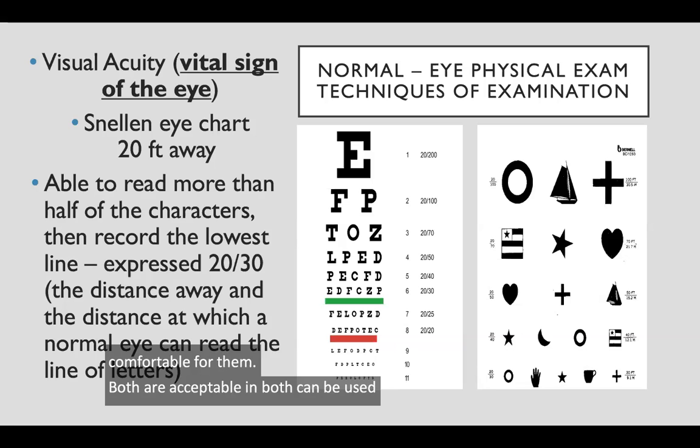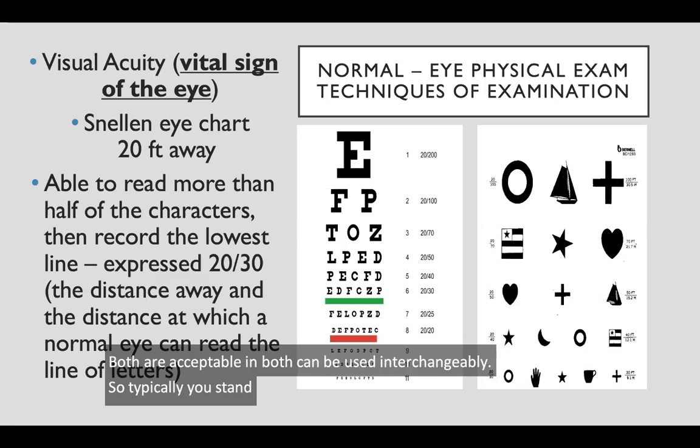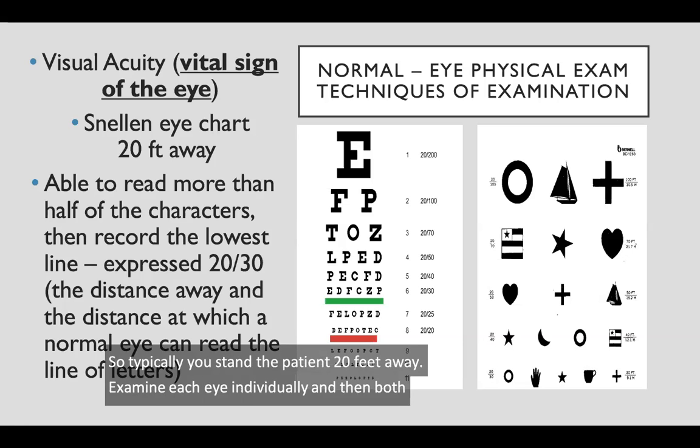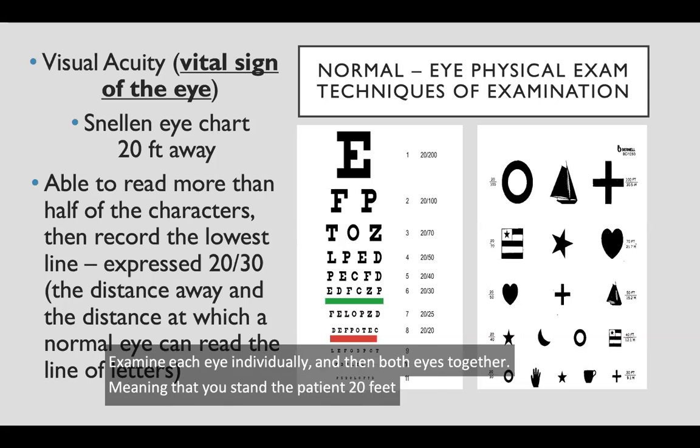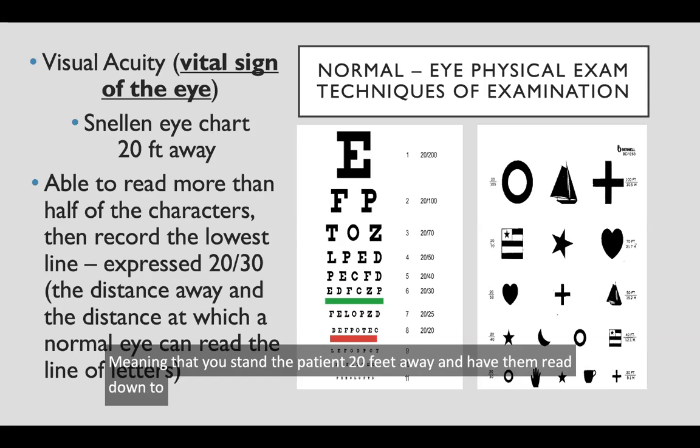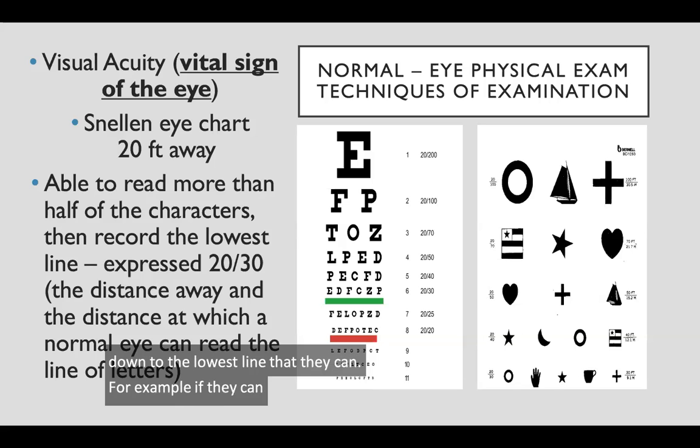So typically, you stand the patient 20 feet away. You examine each eye individually and then both eyes together, meaning that you have them read down to the lowest line that they can. For example, if they can read down to line 4, their visual acuity is 20/50.